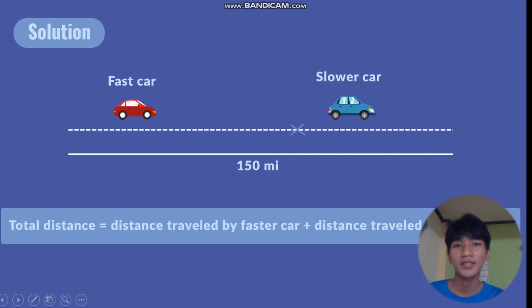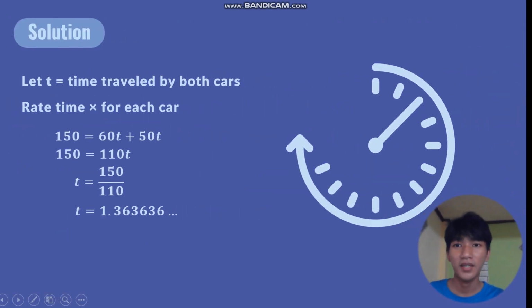Okay, the solution is we have the fast car in this position and the slower car in this position. And the distance between the fast car and the slower car is 150 miles. This total distance is the distance traveled by the faster car plus the distance traveled by the slower car. Let t be the time traveled by both cars.